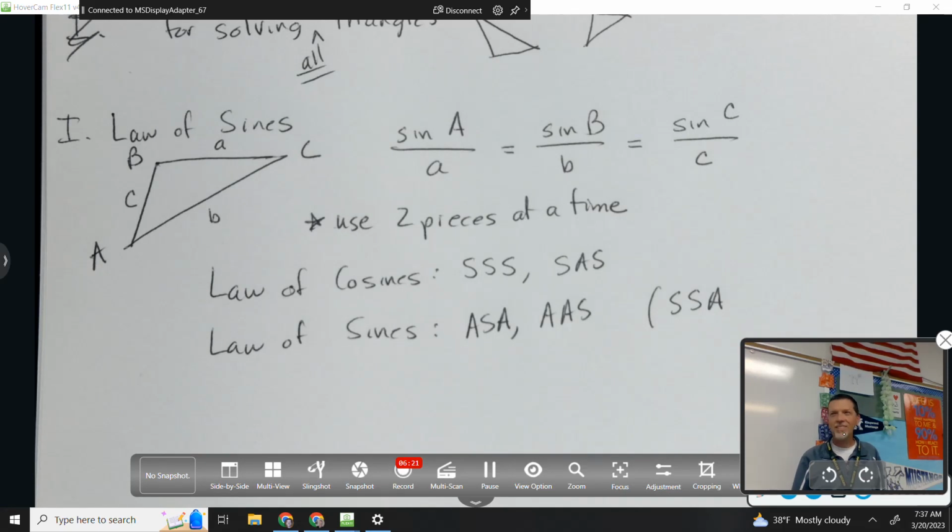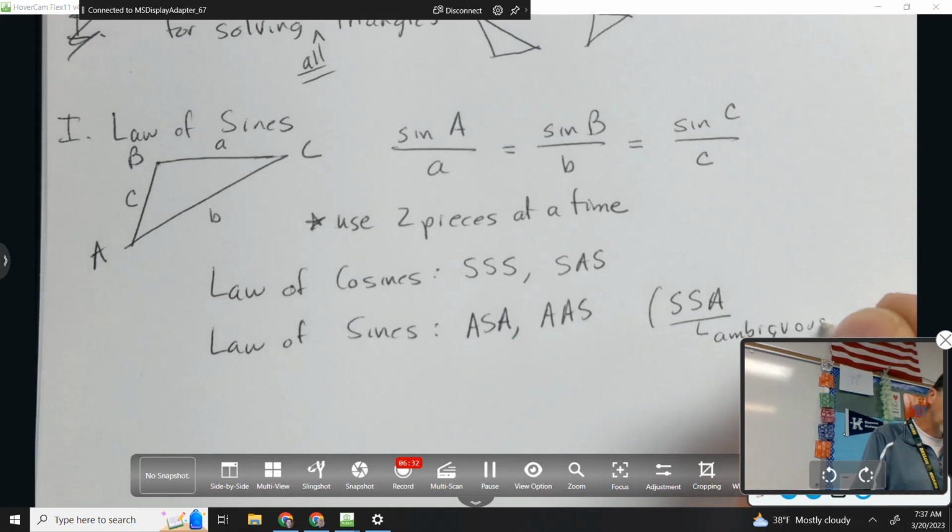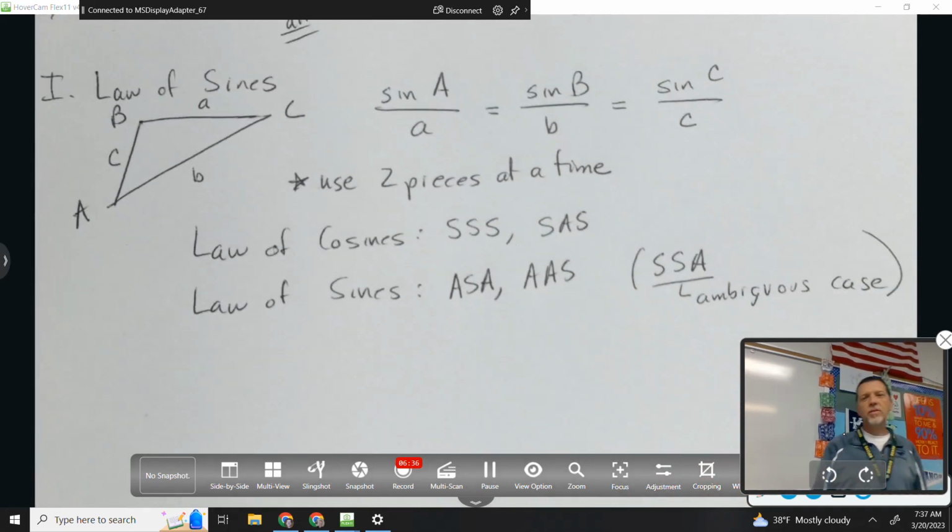Do you remember that? That's not a congruency theorem. It doesn't work. And we're not really going to go into it, and we're not going to use it because it's the ambiguous case. So in geometry you don't use it, and basically in PreCal you don't use it either because it's a pain. We're not going to worry about it.